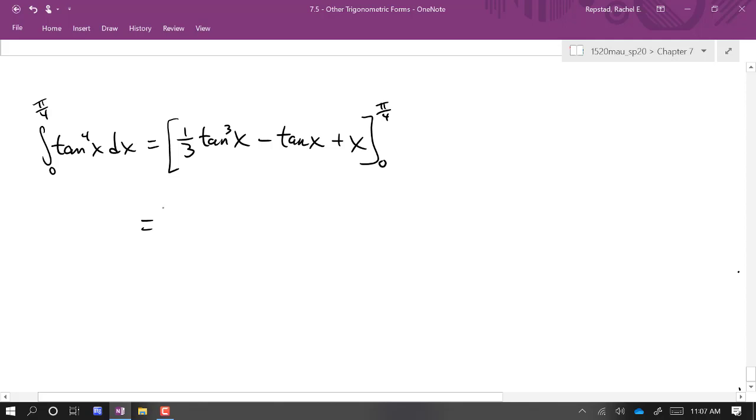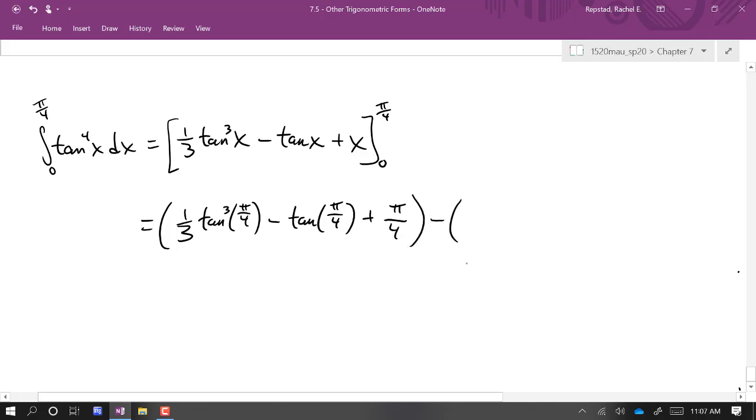So plugging in pi over 4, 1/3 tan cubed pi over 4 minus tan of pi over 4 plus pi over 4. And then we're subtracting what we get when we plug in 0. 1/3 tan cubed of 0 minus tan of 0 plus 0.